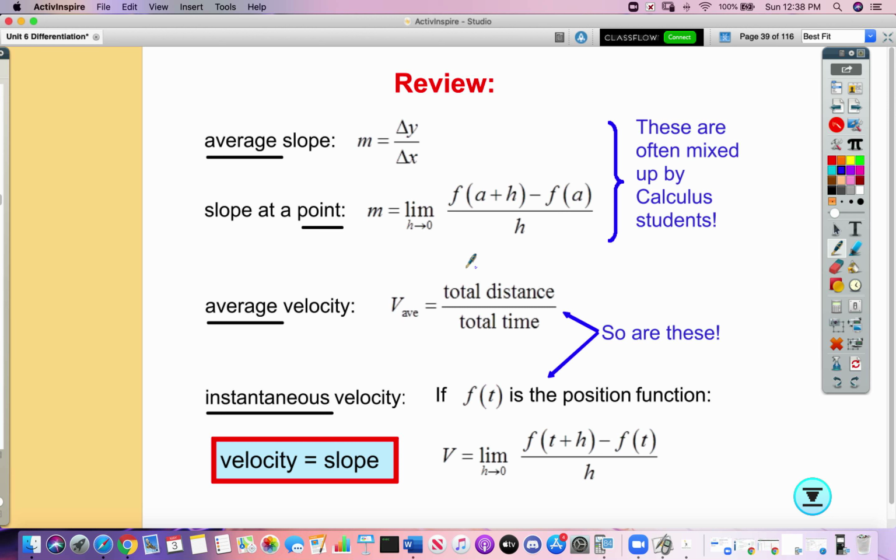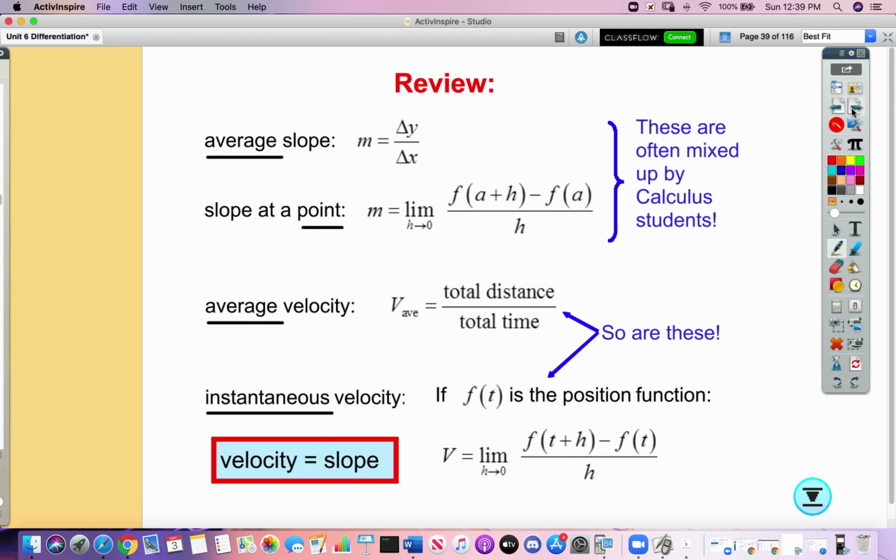This is total distance divided by total time. And then instantaneous velocity. So that's the same thing. Velocity is our slope. And specifically, this is the slope. Instantaneous velocity is the speed at a very particular moment in time. But if you're talking about a trip or something like that, that would be your average velocity, not at a particular moment. That is your derivative, your slope there.